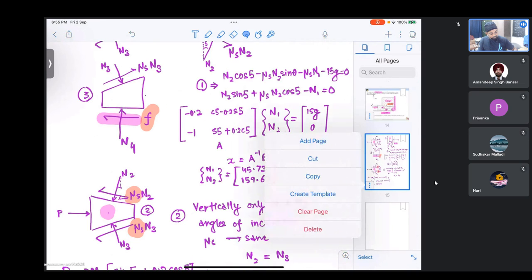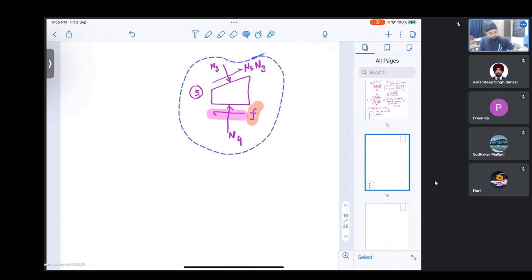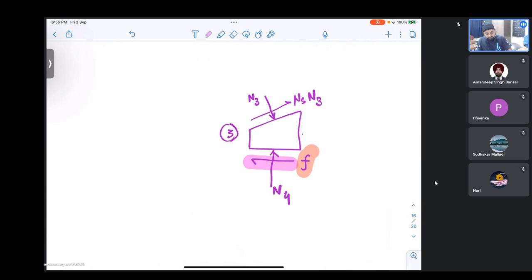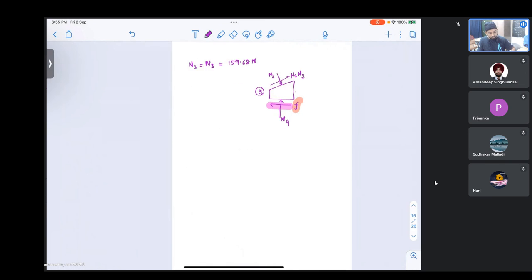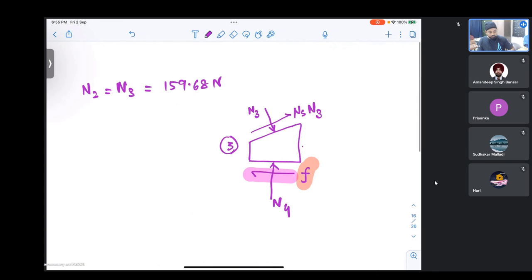Let me add another page. Now we have established that N2 is equal to N3 and both are equal to 159.68 newtons. That is what we got.